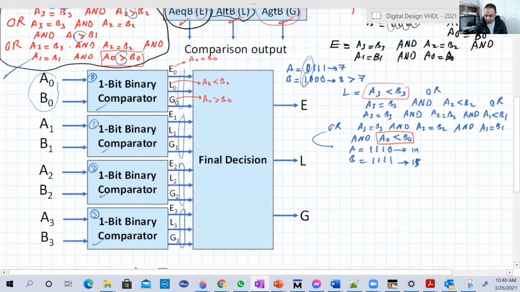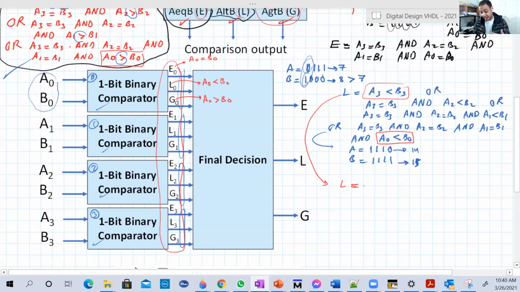Okay, so if we want to represent G or L in terms of E0, L0, G0, or E1, L1, G1, and so on, it will be something like this. So for example, let's do the L. For example, L equal to, in terms of these outputs here, these internal signals, okay?